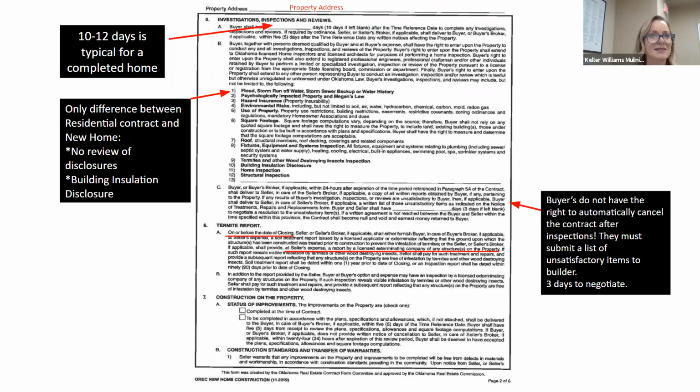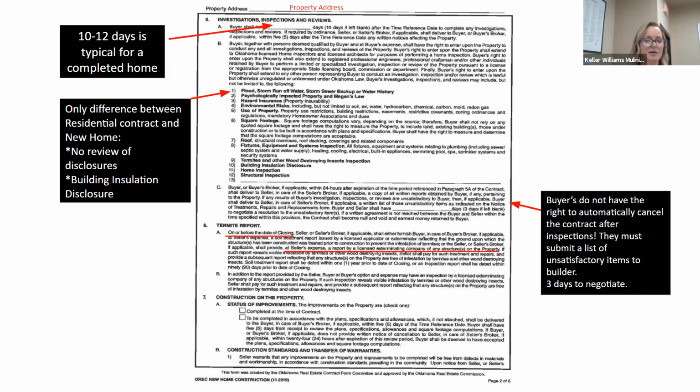Now, let's say that the seller or the builder, seller being the builder, did not have the soil treated. Then at the seller's expense, which would be the builder's expense, he is going to give a report by a licensed extermination company of any structures that were built on the property. Sometimes this happens because the builder only has 1 year after treating.